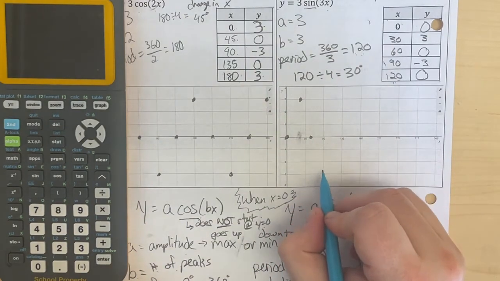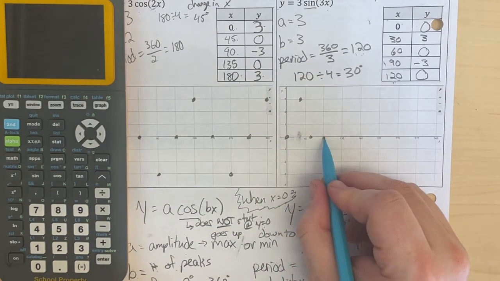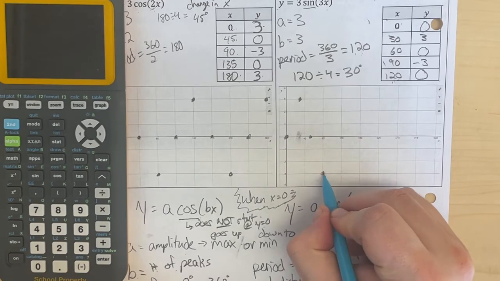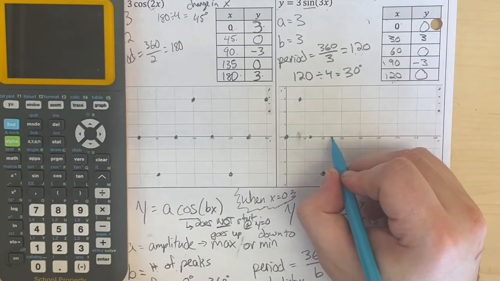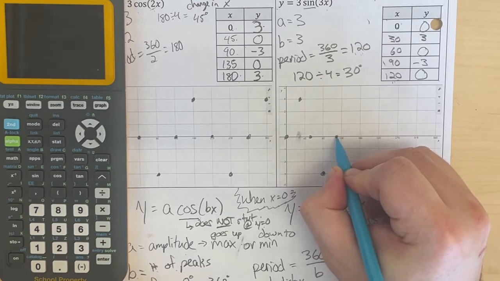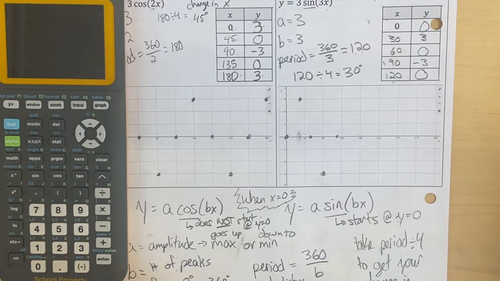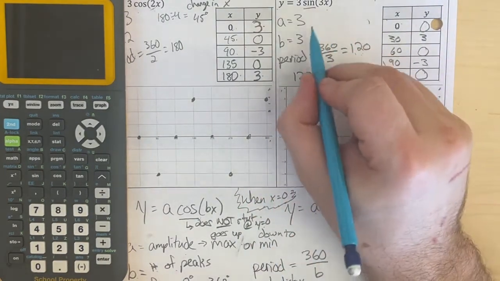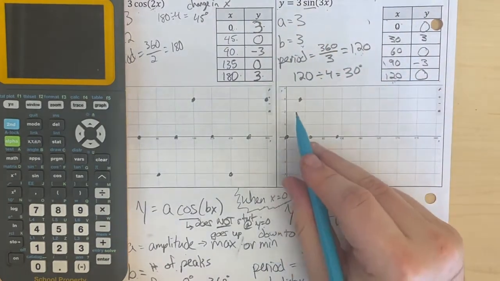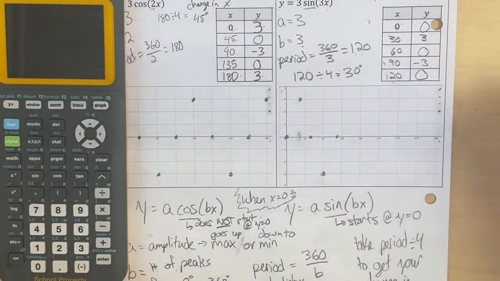Go down to x equals 90, y equals -3, and then when x is 120, about 2/3, we'd have y equals 0 again. Make sure you can fill out the whole way from 0 to 360, so that way we have 3 peaks. So from 0 to 360, I should have those 3 peaks.